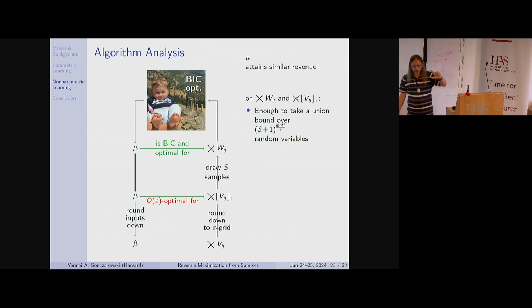Each bucket in the support has between 0 and s samples in it, right? It's a distribution that's constructed from s samples. So for a single w_ij, the number of possible such distributions is (s+1)^(h/epsilon). That's the number of distributions with support of size h over epsilon that can be constructed from s samples.